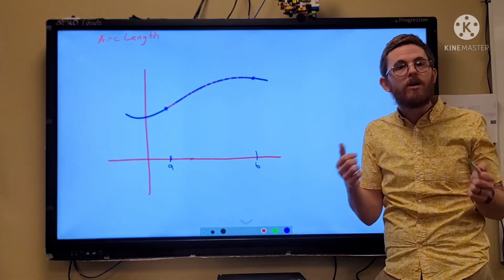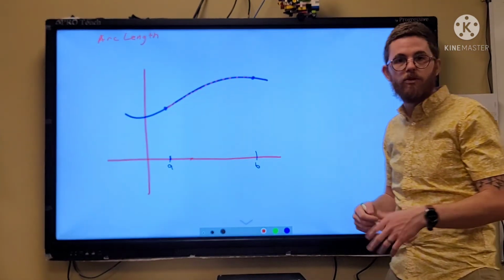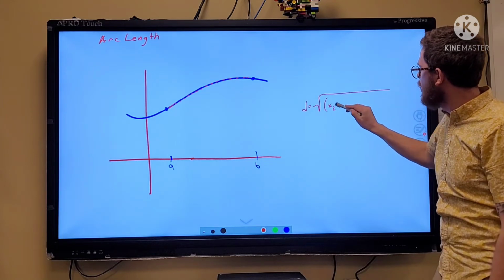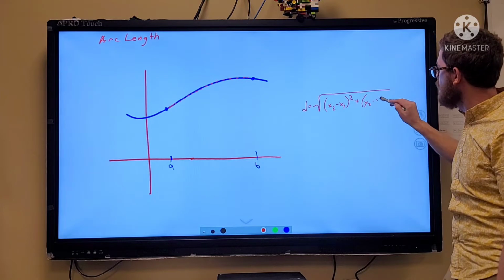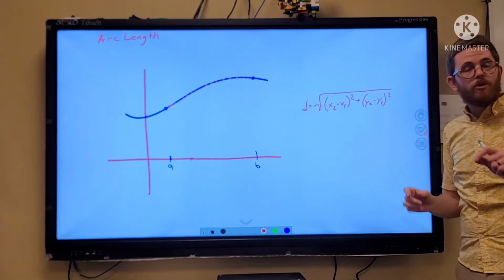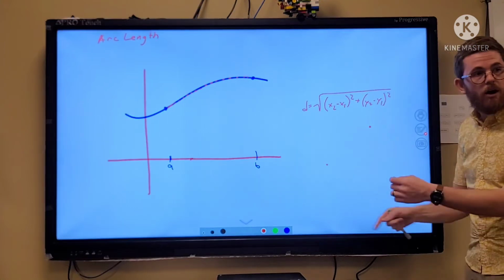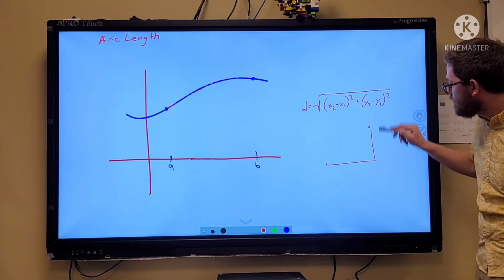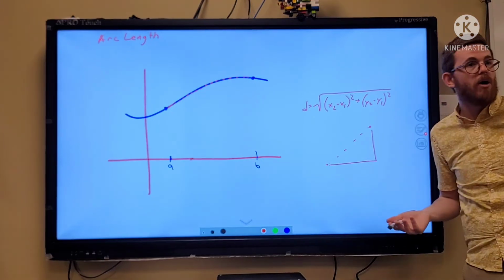So the distance formula is the square root of (x2 minus x1) squared plus (y2 minus y1) squared. And so we're taking two points that are not directly on top of each other or across from each other, the change in the x's, the change in the y's, and we were finding the distance. We were finding the hypotenuse.